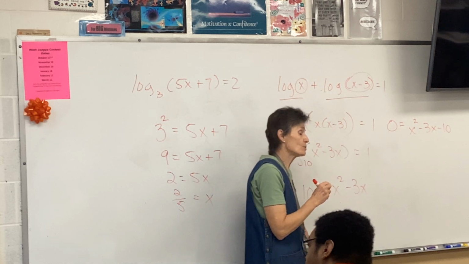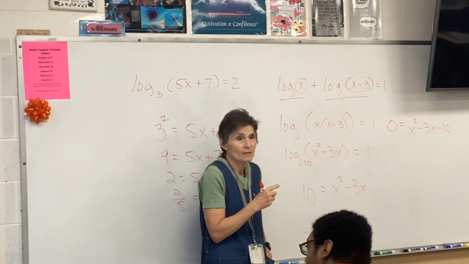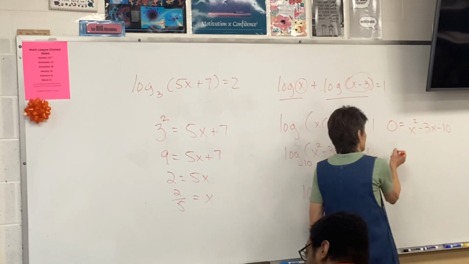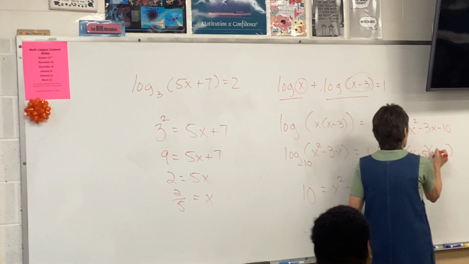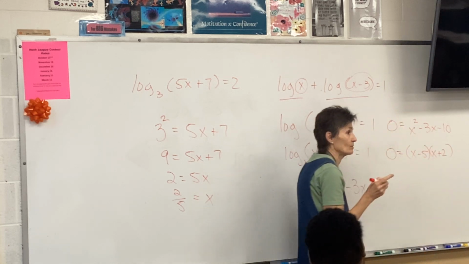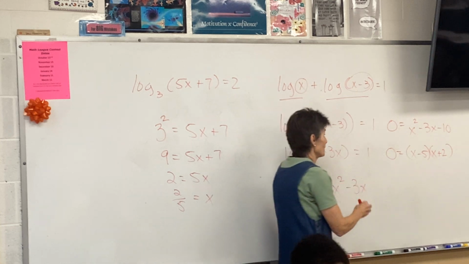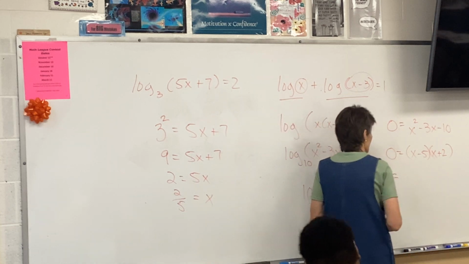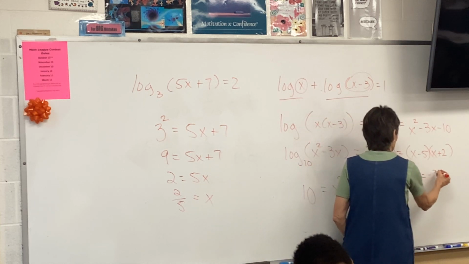I can either use the quadratic formula, or this one does factor. So if you can see how it factors and you want to factor it, that's great. If you don't see how it factors, then use the quadratic formula. At any rate, we're going to get 2 answers, and what are those answers going to be? 5 and negative 2.